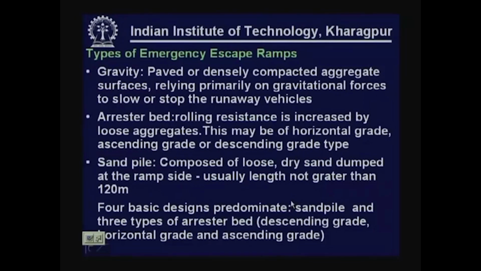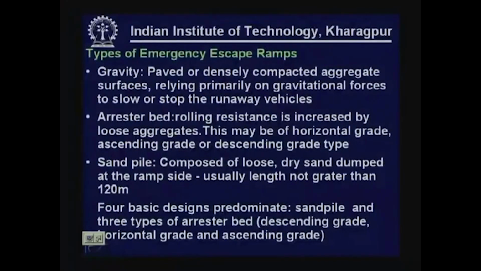Now, there are 3 types of emergency escape ramps: gravity type, arrestor bed type, and sand pile type. In gravity type ramps, paved or densely compacted aggregate surfaces are used, and we predominantly rely on gravitational forces to stop the runaway vehicles.